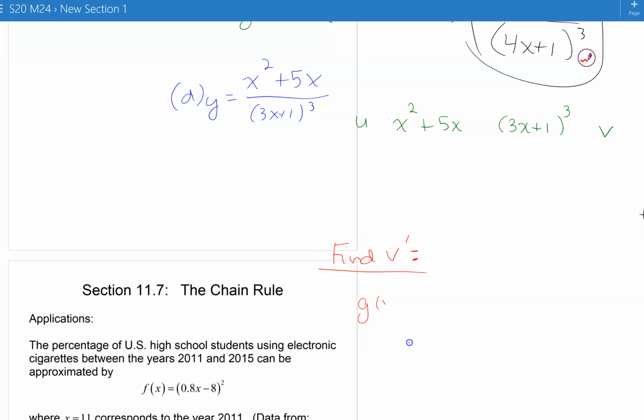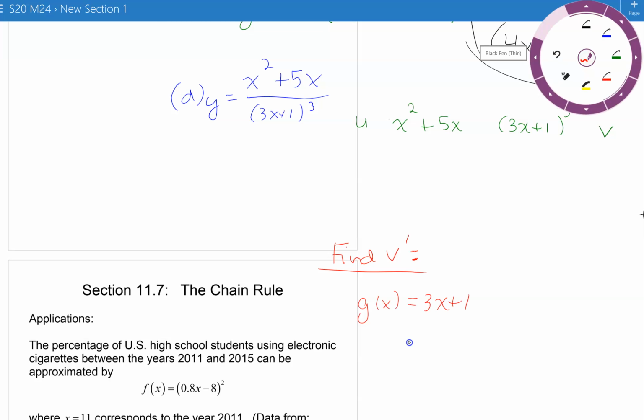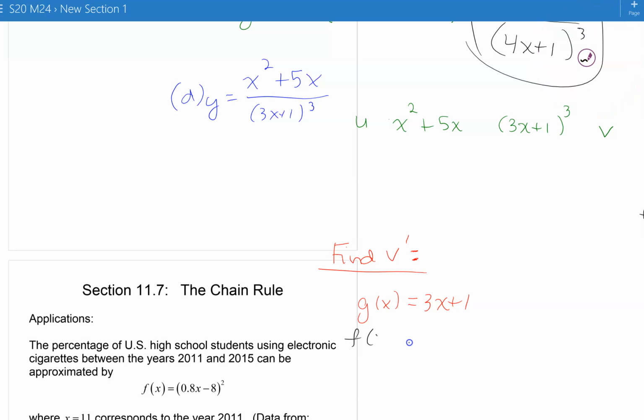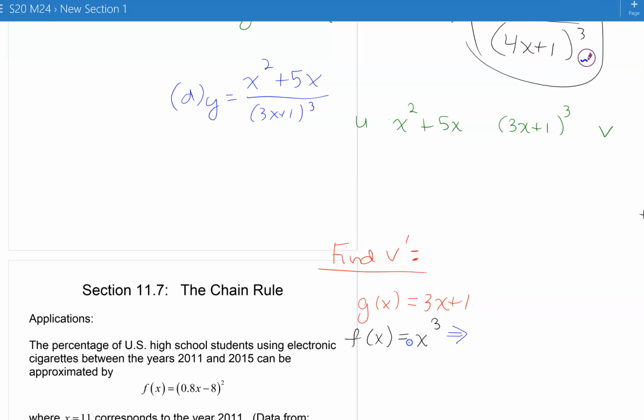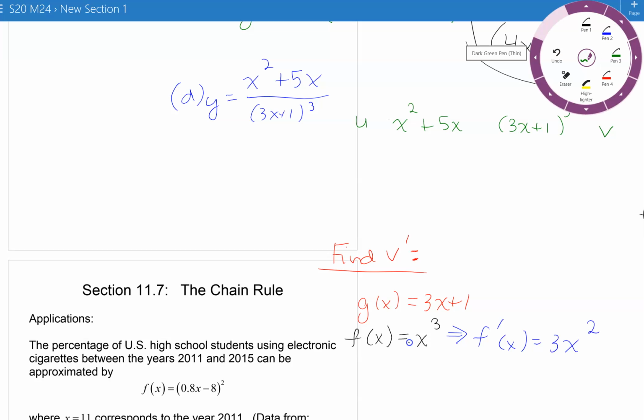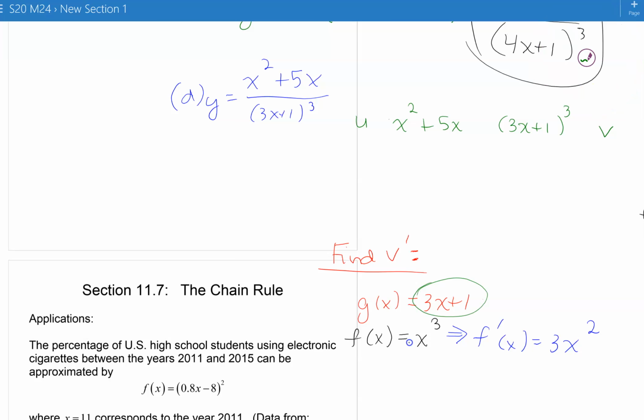So g, the inner function, is 3x plus 1. Then f, the outer function, is x cubed. The derivative of f is 3x squared. Then you take the g function and put it in the f prime.